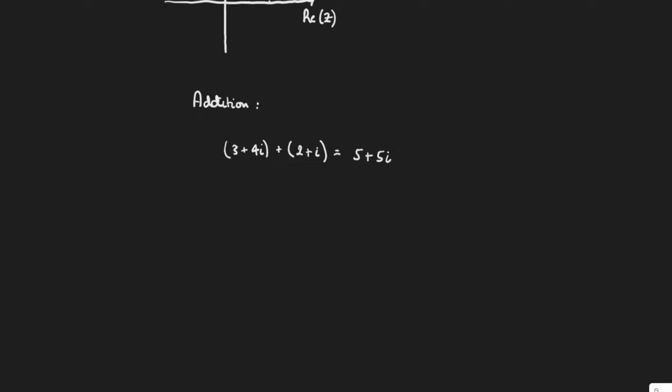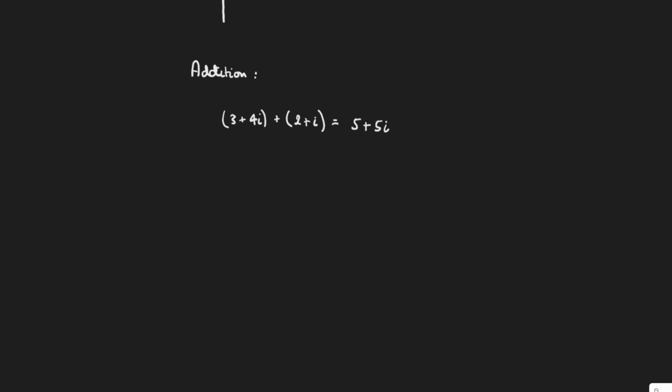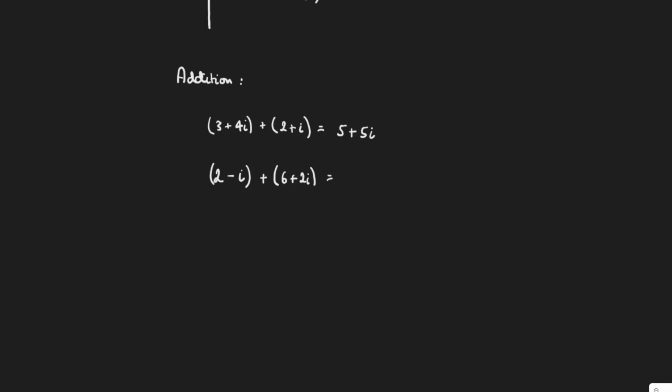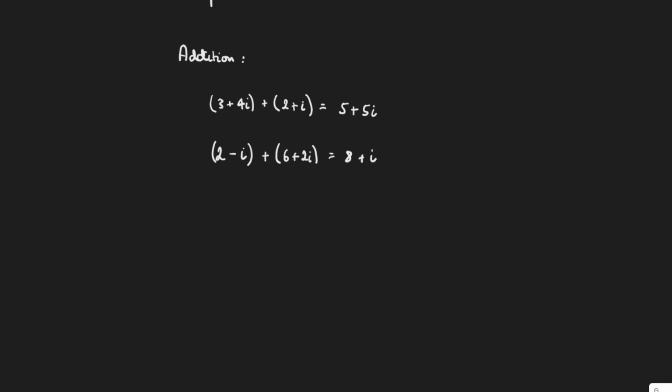A really quick example that you could pause the video for would be maybe 2 minus i add 6 add 2i. Essentially what we're going to do is add the 2 and the 6 to give 8, and we have minus i add 2i, which gives us i. And that's our complex number there.